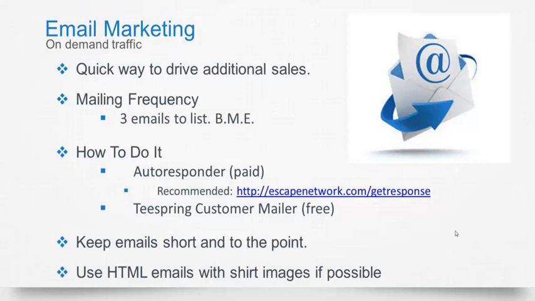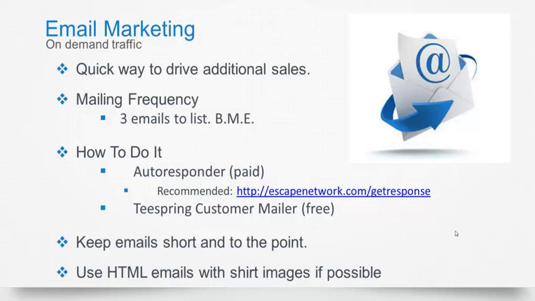If you have an autoresponder, you already know how to use it, and there are too many different ones out there. My recommended one is GetResponse. I love GetResponse. It's my favorite. If you use something else, that's fine, no worries. But it's one of the best ones out there. Now, you're selling T-shirts, so keep the email short. You don't need to write a lot to sell a T-shirt.